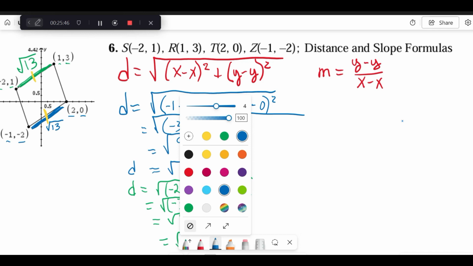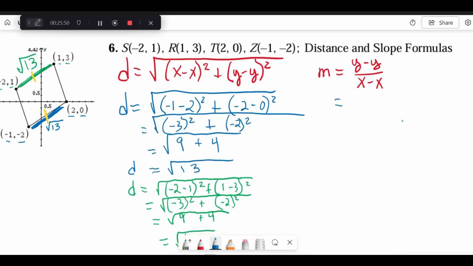So y minus y, negative 2 minus 0 over negative 1 minus 2. Negative 2 take away 0 is negative 2. Negative 1 take away 2 is negative 3. So this slope is positive 2 over 3.